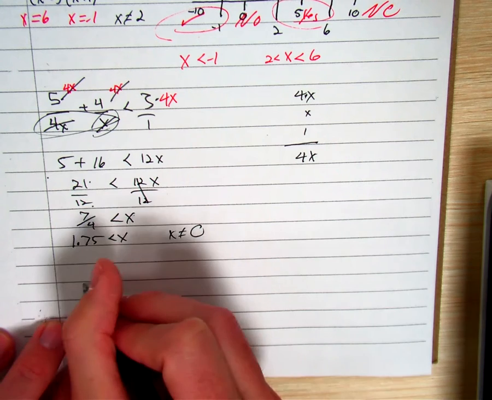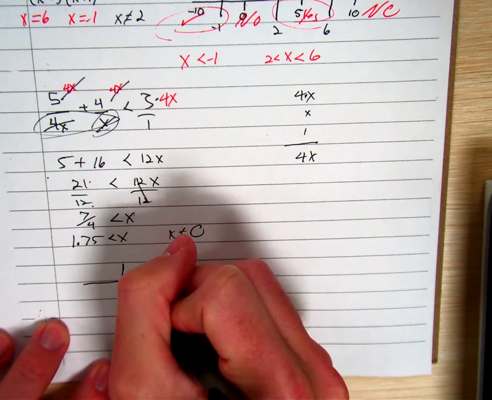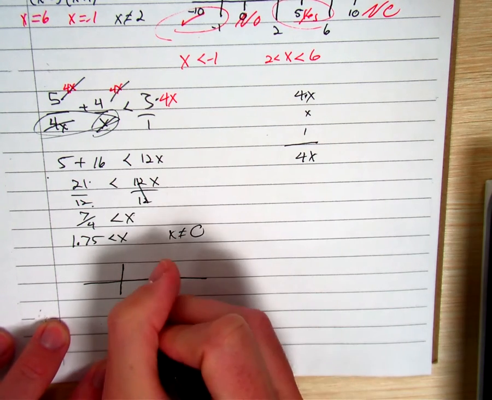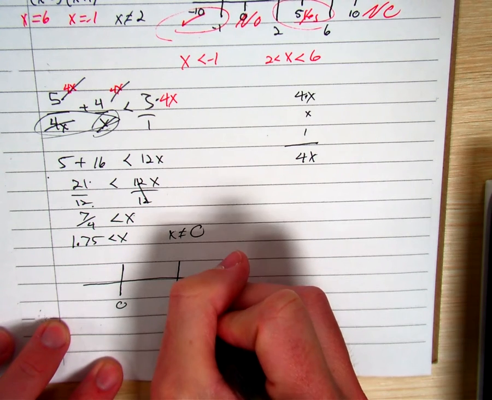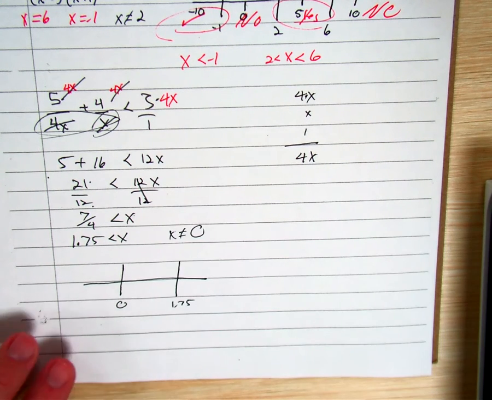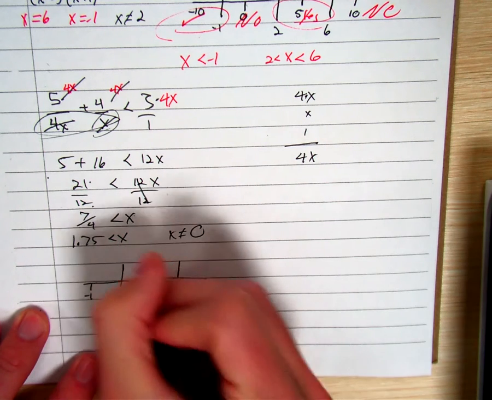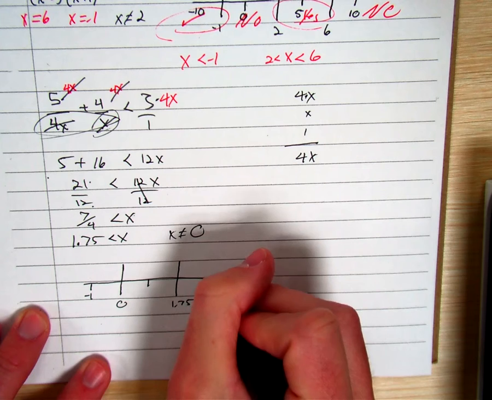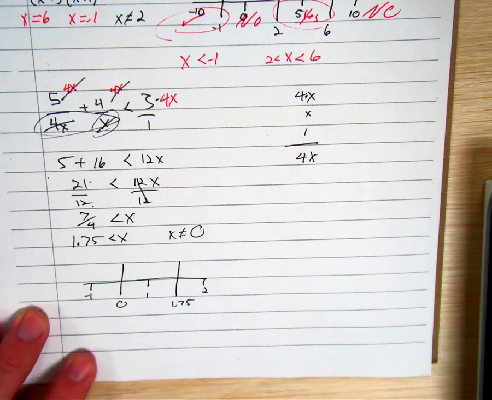All right, so now we make our number line. This time it's easier because we only have two numbers on it, 0 and 1.75. All right, so my test numbers. Make it easy on yourself. -1, 1, 2.